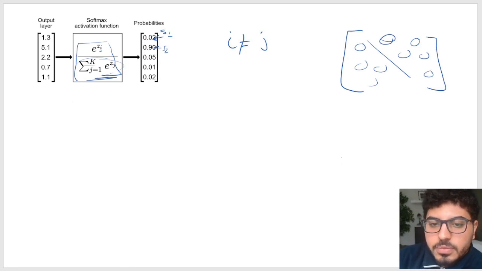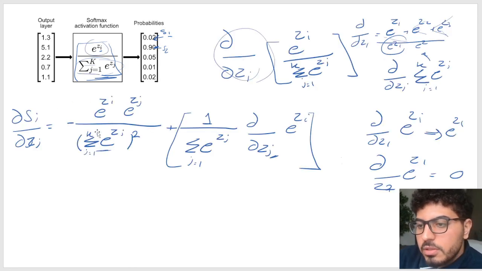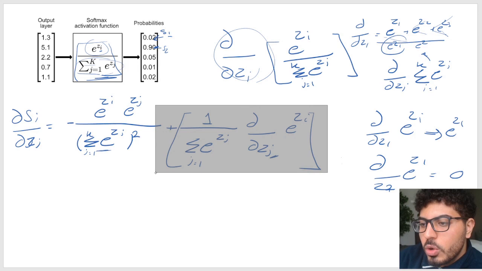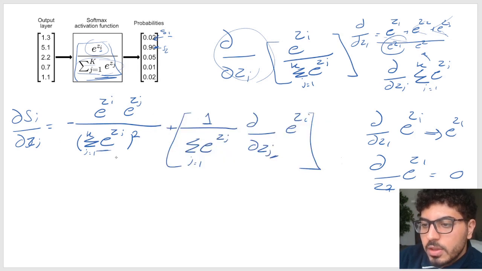So again, our derivative here was partial e power zi with respect to zj when i is not equal to j. So this is the second example here, when we're taking e power z1 with respect to z2, which is 0, which means this entire term will go away. So we'll end up only with the first term.